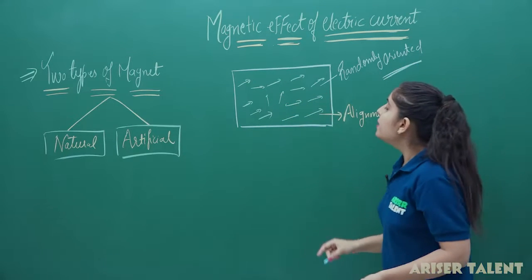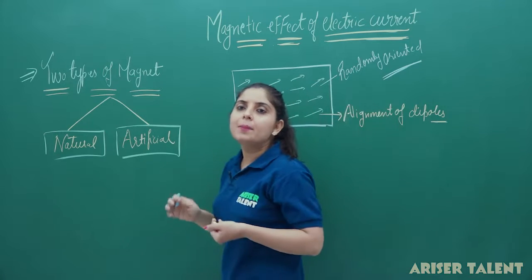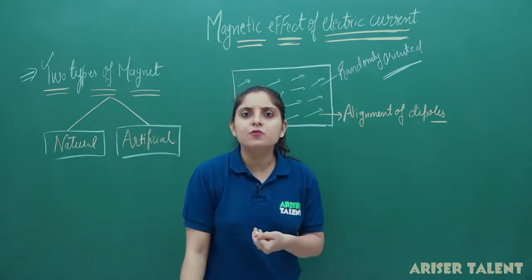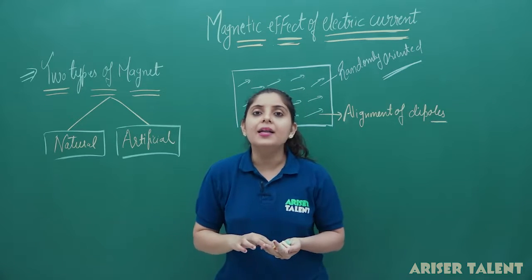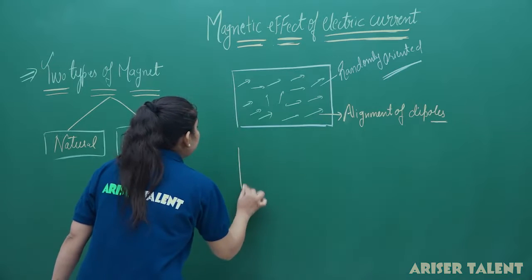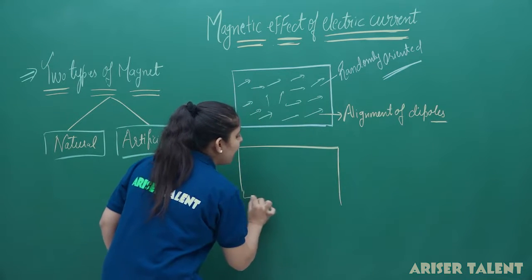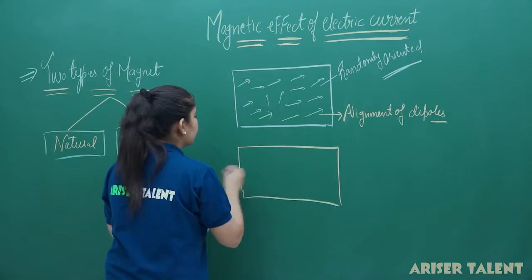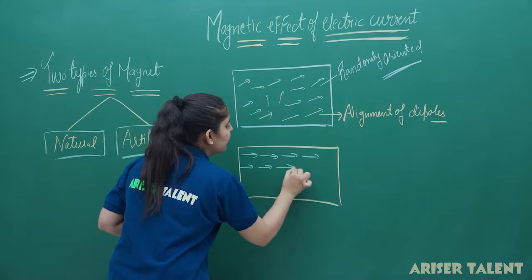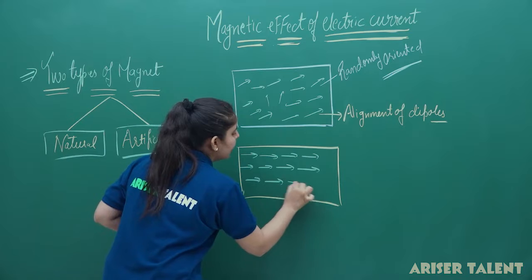But if you hammer a piece of iron, using a very good material or very good alloys for making the artificial magnet, and start hammering the material, you can see that the magnetic dipoles will align themselves in a particular direction. So this is how the magnetic dipole picture changes in case of artificial magnets.